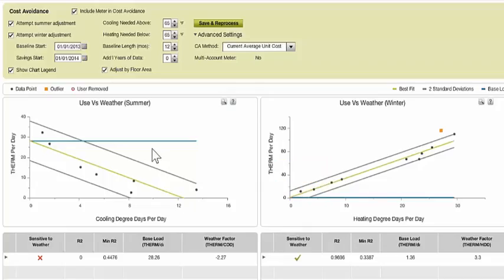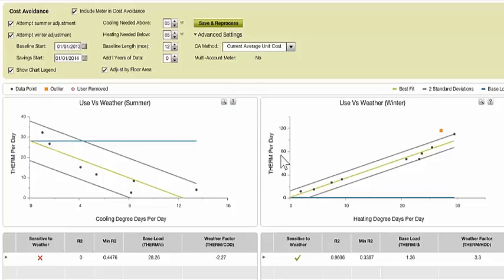When I look at my summer chart, it shows that in my hottest month, because this is cooling degree days, as I go to the right, my weather is hotter. My hottest month, July, had low usage. These other months had low usage. The only month that really had any amount of usage was April.